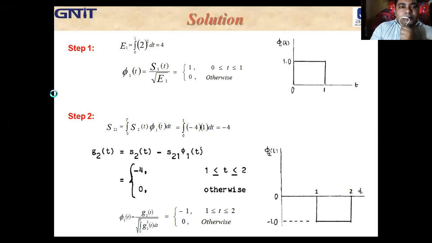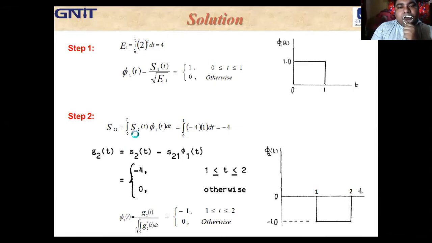Now we move to construct the second basis function. To determine the second basis function, first we need to determine s21. s21 is defined as the integration of s2(t) phi 1(t) dt.